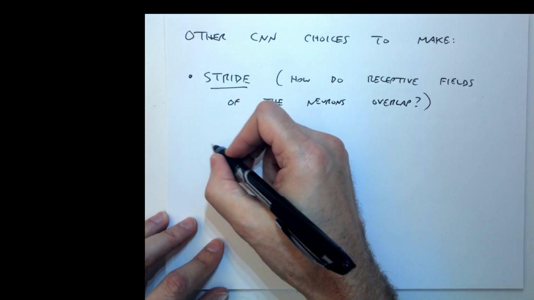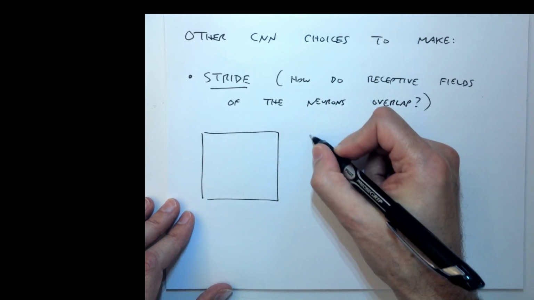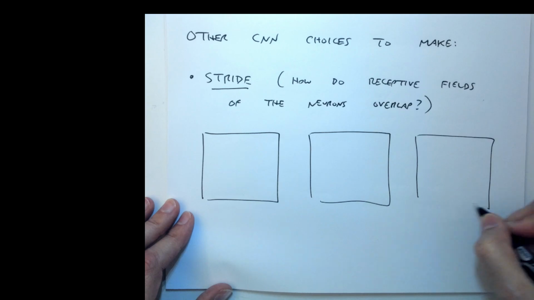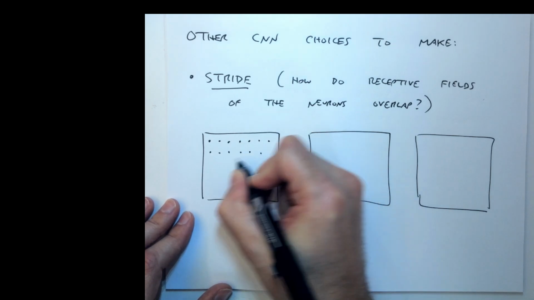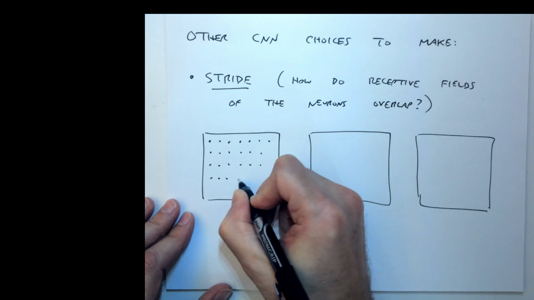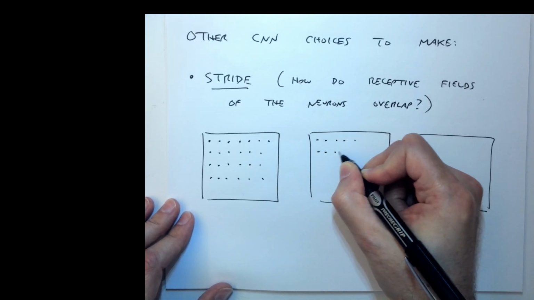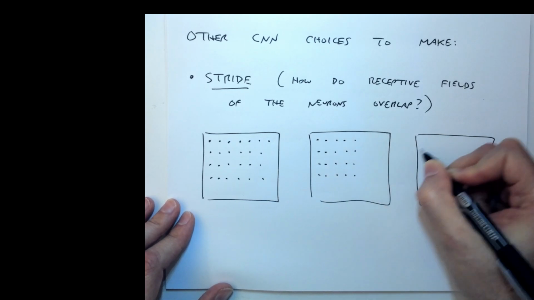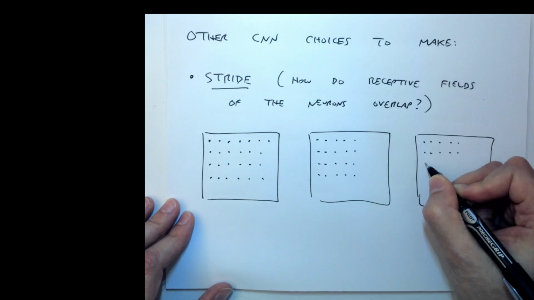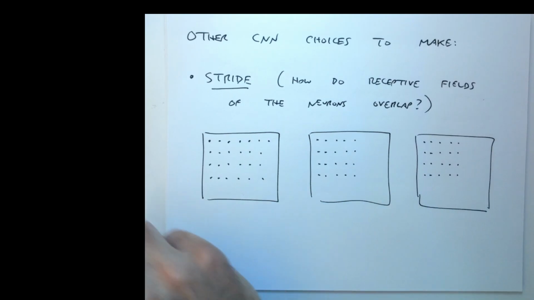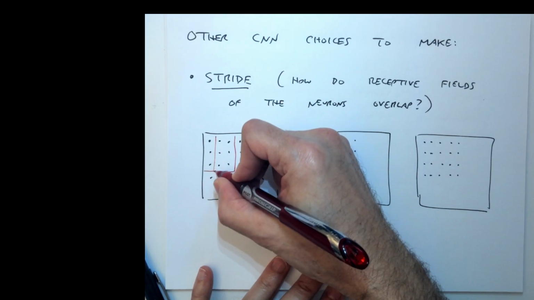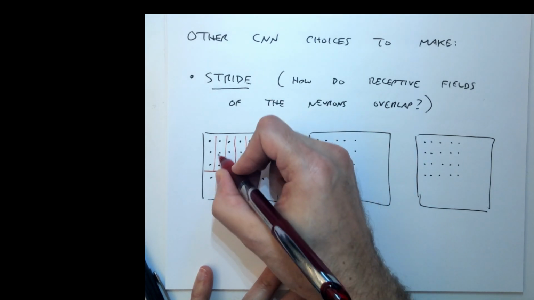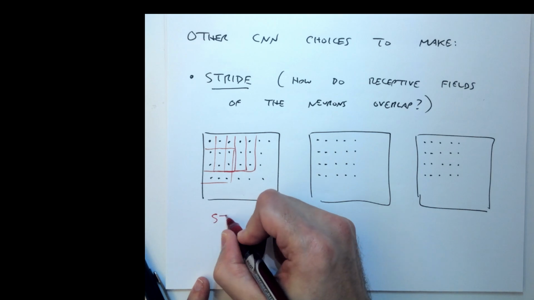So for example, let's say this is just the same image 3 times, and let me draw some dots here to indicate pixels. When I run this filter across the image, normally, as in typical image filtering, I place the filter over here, and then I click it over 1 notch, and I place it here, and I click it over 1 notch, and when I'm going down this row, I click it over 1 notch. This would be a stride of 1.